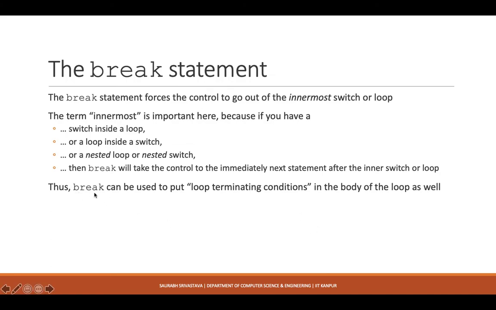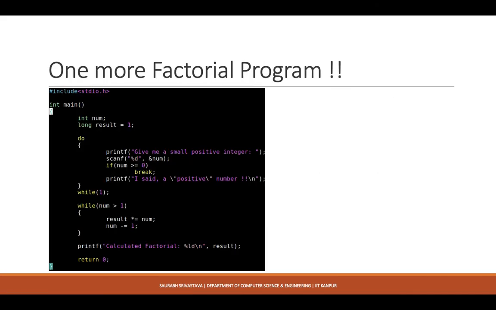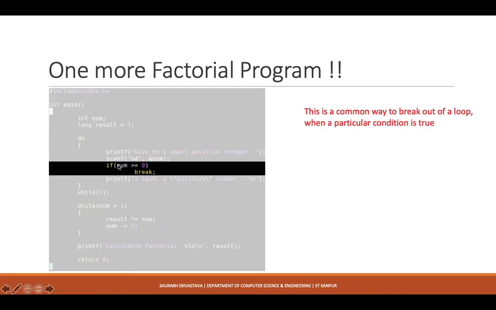But now with the help of the break statement, you can actually define these conditions even within the body of the loop. So this is the same factorial program. We've probably overdone it by now anyhow, but this is one more way of calculating factorial. Now here I have not given really a condition to terminate this loop. So while one basically makes this loop an infinite loop, but what I'm doing here is using an if condition with a break, and this is within the body of the loop.